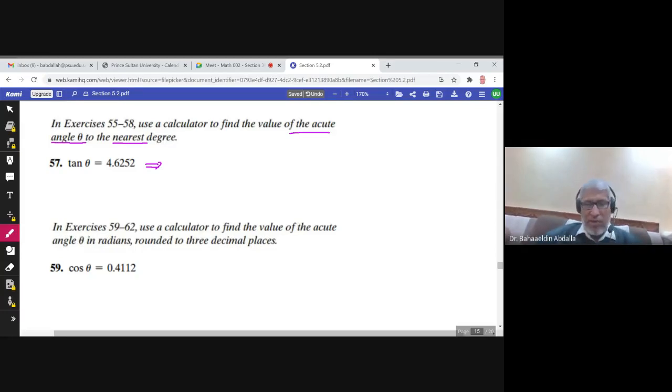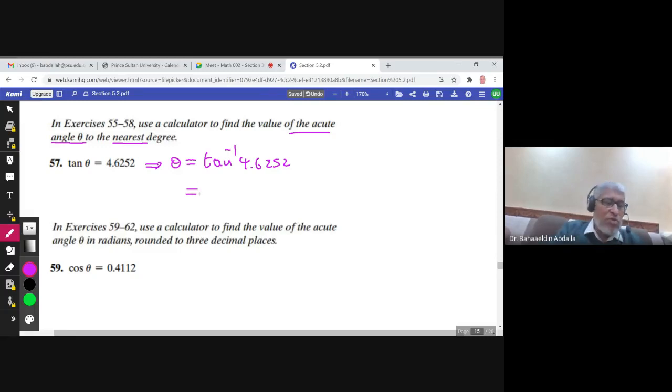If tan theta equals 4.6252, then theta would be equal to tan inverse 4.6252. So all you have to do here is to use the tan inverse key, and to use tan inverse, you need to go to shift.